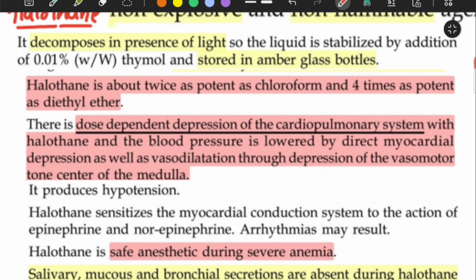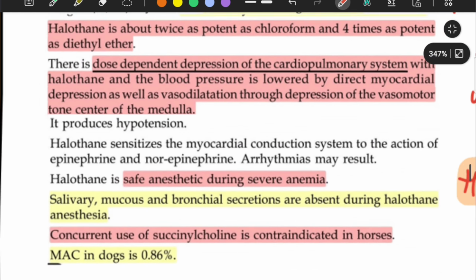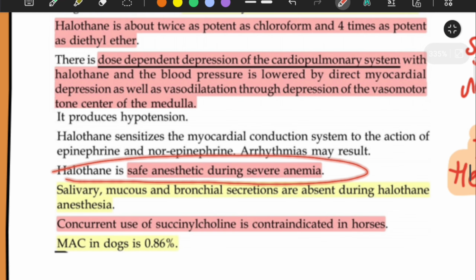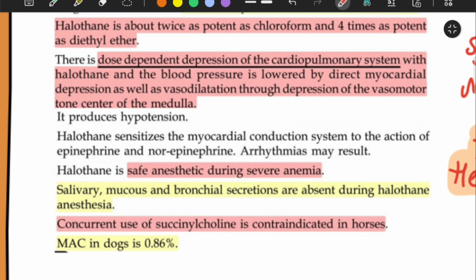As well as there would be vasodilation and depression of the vasomotor tonicity center in the medulla. And halothane is a safe anesthesia in cases of severe anemia; any patient with anemia, you can use halothane in the anemic patient also.